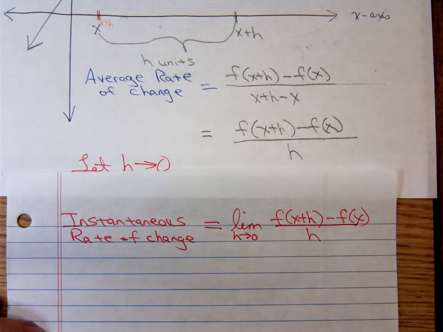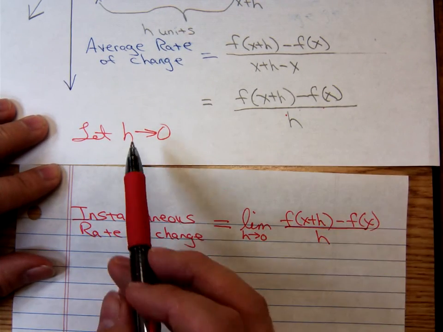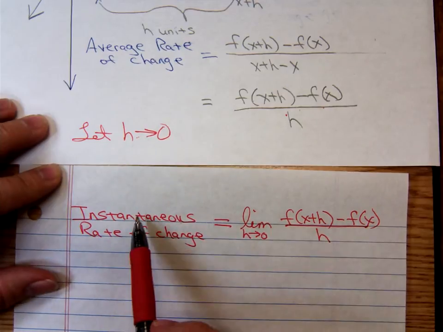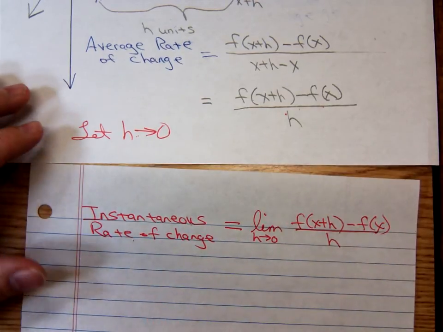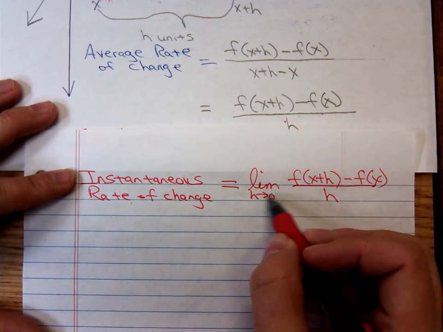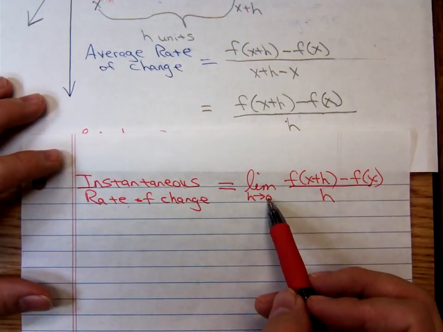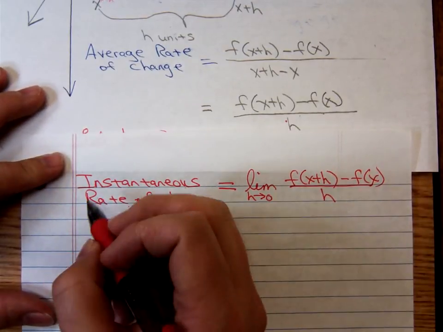We took the average rate of change formula and let h go to 0, and that gave us the instantaneous rate of change, the rate of change at one specific point in time. This function, defined by the limit as h goes to 0 of f of x plus h minus f of x all over h, is called the derivative.